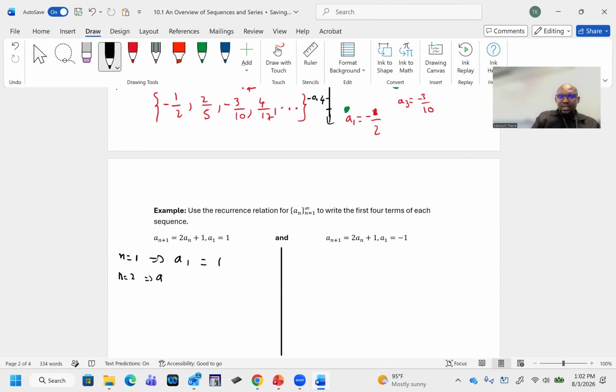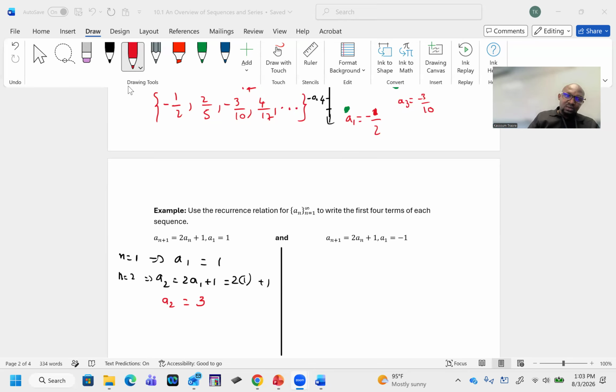So we will have A2 will be what? 2A1 plus 1. We have A1 is 1. So that will be 2 times 1 plus 1. So A2 would be 3, right? And so on.